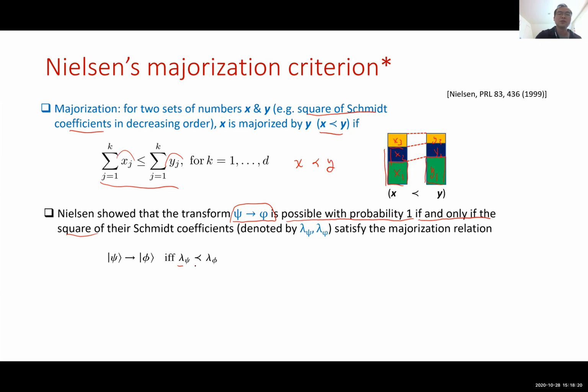This condition is sometimes labeled like this. So lambda is the set of square of Schmidt coefficient, basically sigma k squared.